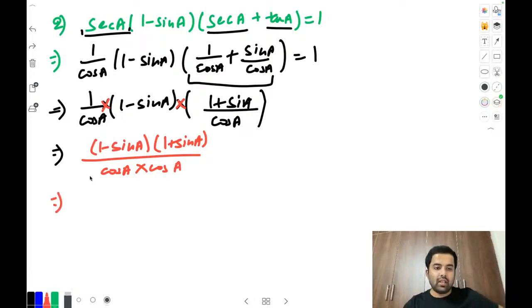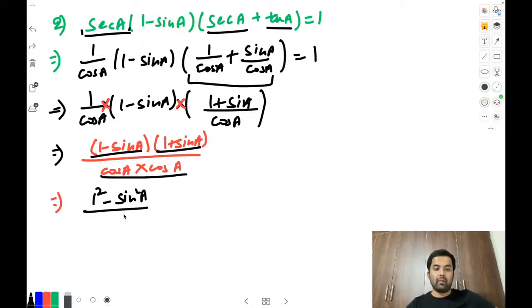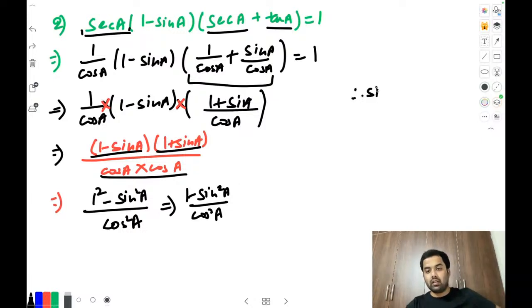Next, as you see here, this part is A minus B, A plus B. So the formula becomes what? A square minus B square. And below, multiplication becomes cos square, correct? Now last part, 1 minus sin square A divided by cos square A, correct? Now we know that this is equal to 1.